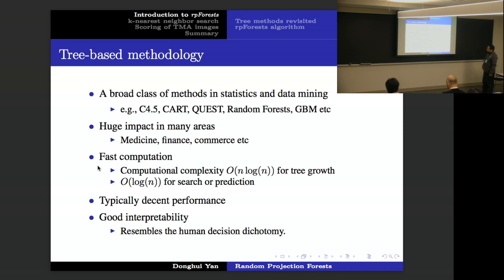One big advantage of tree-based methodology is the faster computation. The tree construction takes about O(n log n) computation, and the search and prediction takes about log n. This log n is related to the height of the trees. Typically, tree-based methodology has decent performance and is good for interpretability. It resembles human decision dichotomy.